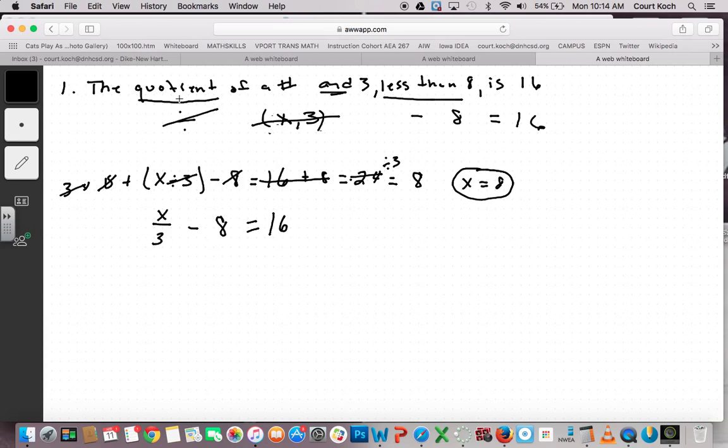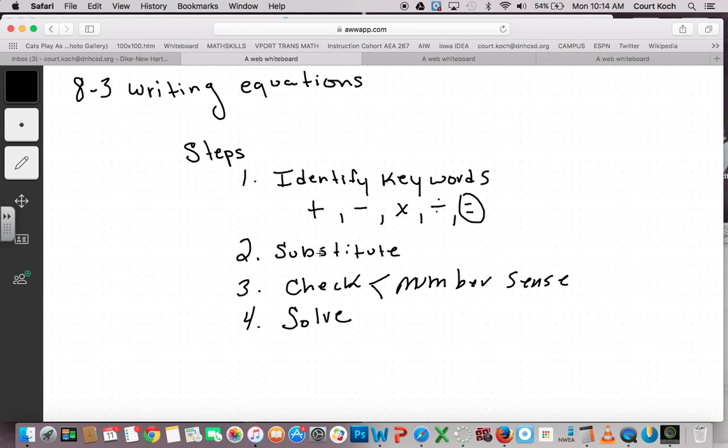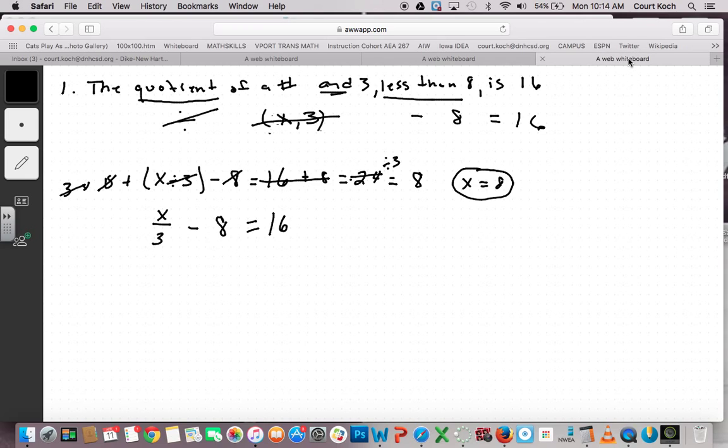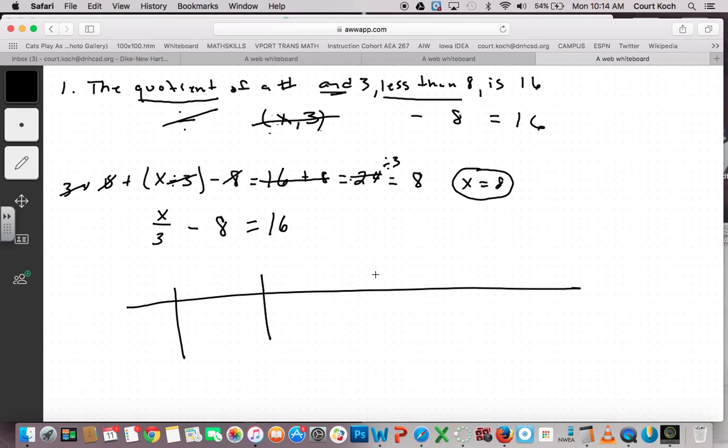So, give you an option here. If you don't want to write this down, you need to be keeping track of words. And what I would do is in your notebook, I'd make a chart for add, subtract, multiply, divide, and equals. And I'd go through each problem and I'd add the word to that list. It can look something like this. Add, subtract, multiply, divide, and equals.